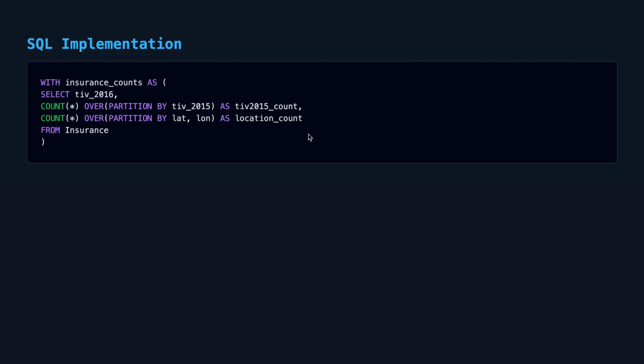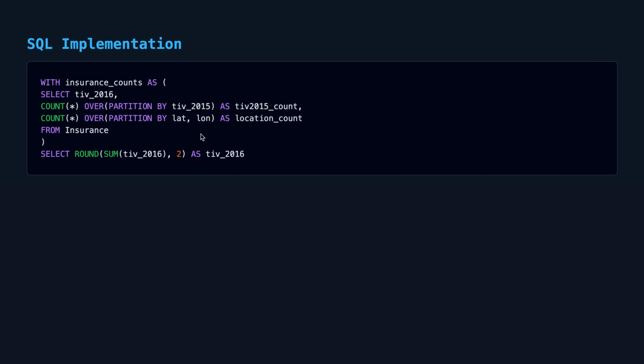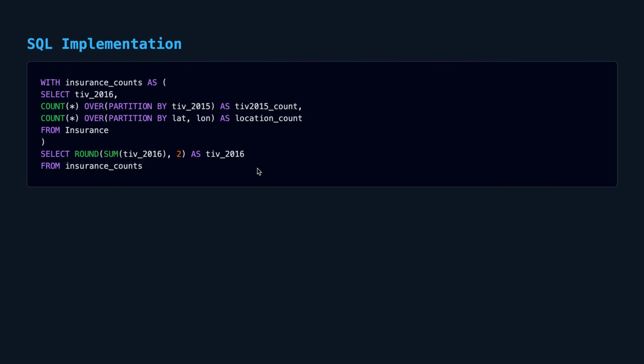These helper columns will allow us to apply the filters easily. So now we compute the final sum of TIV 2016 over this CTE, and we also apply the round function to ensure that the result has 2 decimal places as required by the problem.